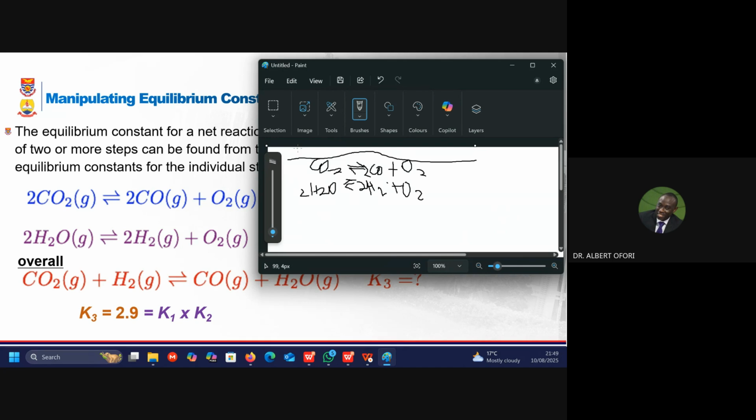So the net equation which we want to achieve is carbon dioxide plus hydrogen gas moving to form carbon monoxide plus water.